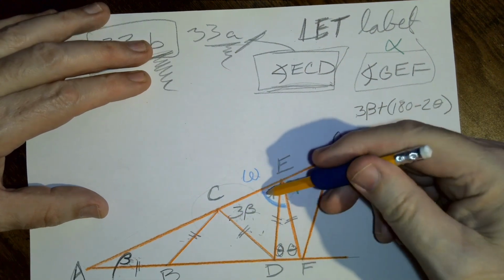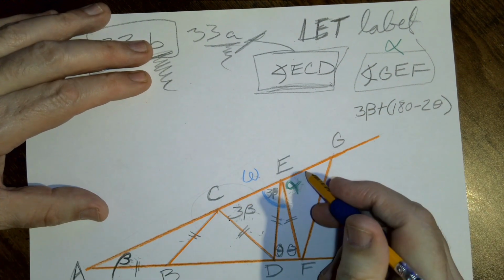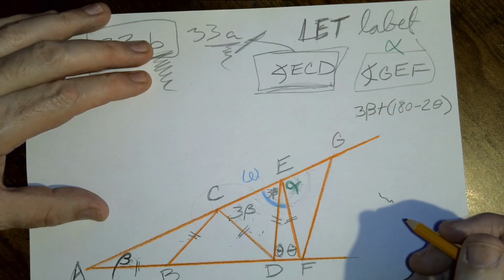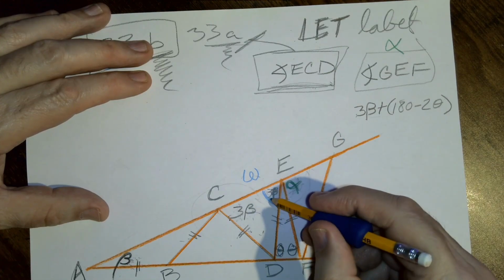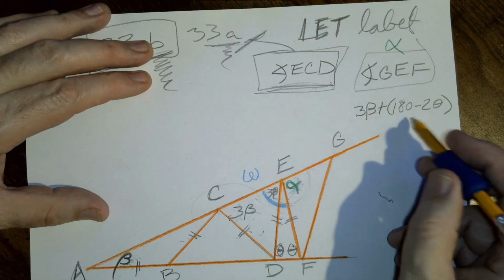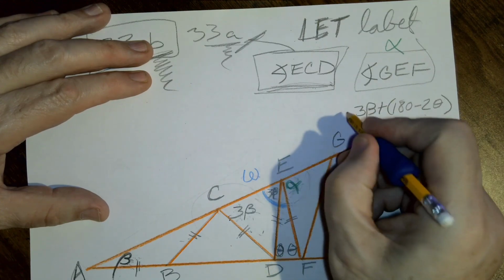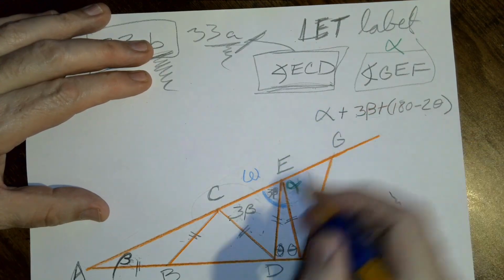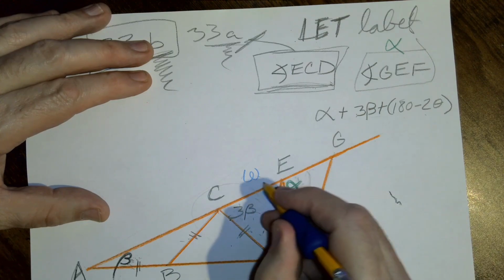The omega is all of this. Or we're just separating this and this. So 3 beta plus this angle, which is 180 minus 2 theta, plus alpha. There's alpha. That puts me back on this line, right?